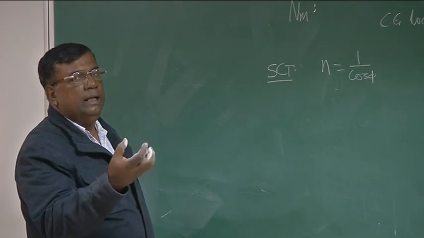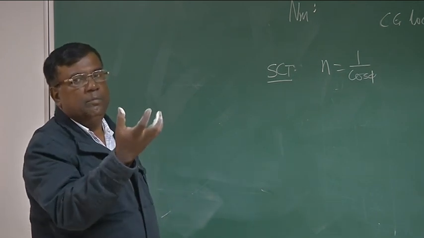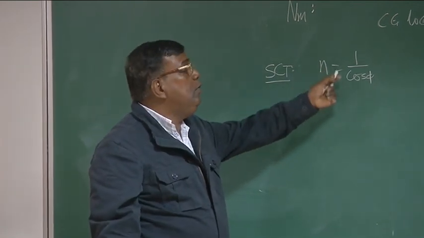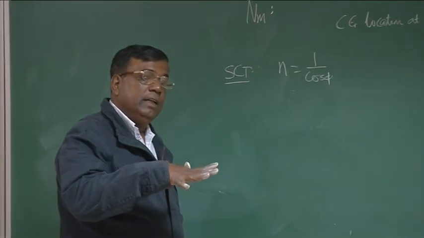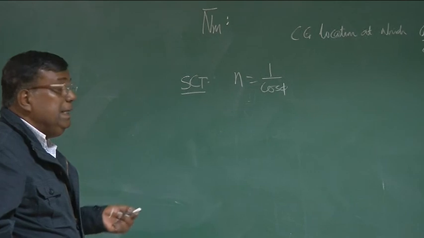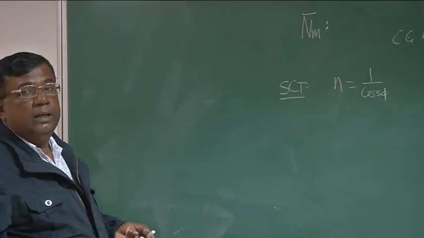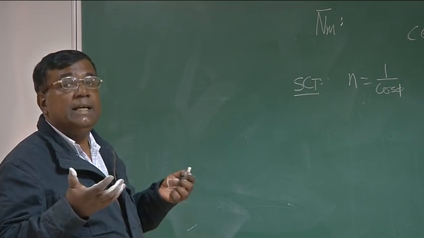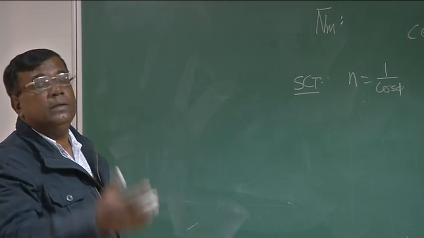From the bank angle, I'll see from the cockpit what is the bank angle. Immediately I know what is the load factor, because I know N equal to 1 by cos phi if the airplane is taking a steady coordinated turn without losing any altitude. So indirectly I am getting the value of load factor through bank angle, and bank angle I see from the bank angle indicator, which is housed in the cockpit.